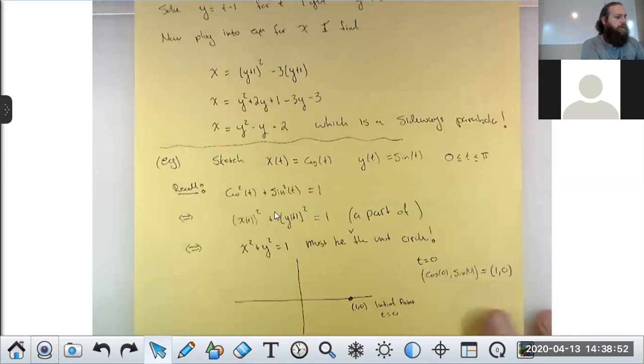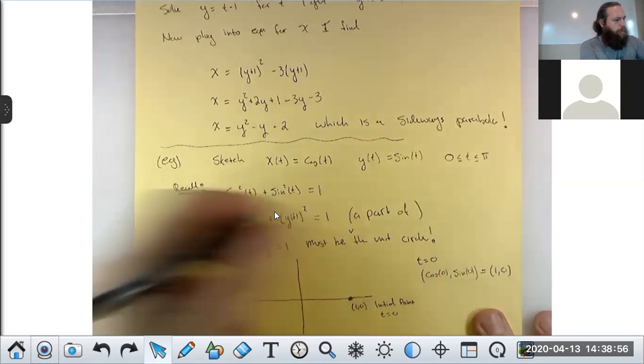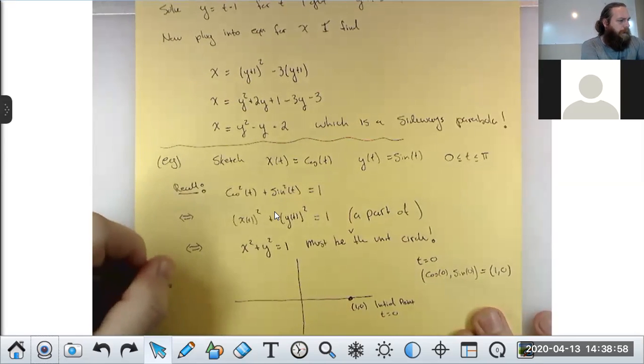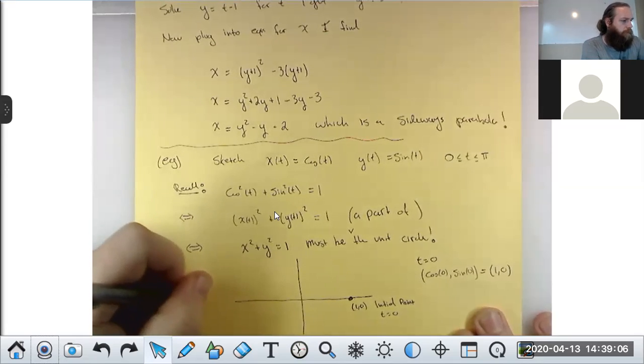And now I'm going to graph also the terminal point when t is equal to pi. We're at cos pi comma sine pi, which is -1 comma 0.